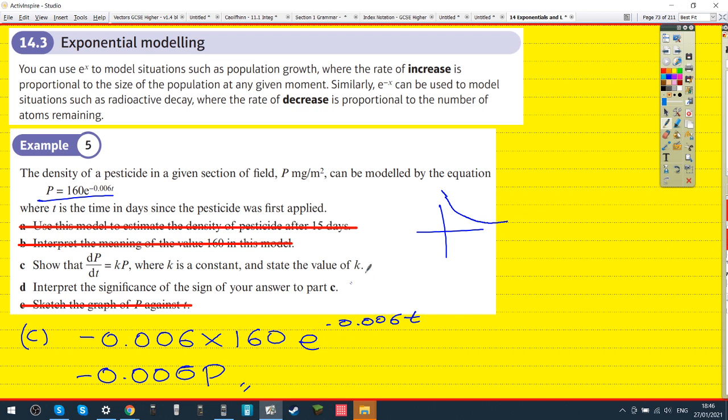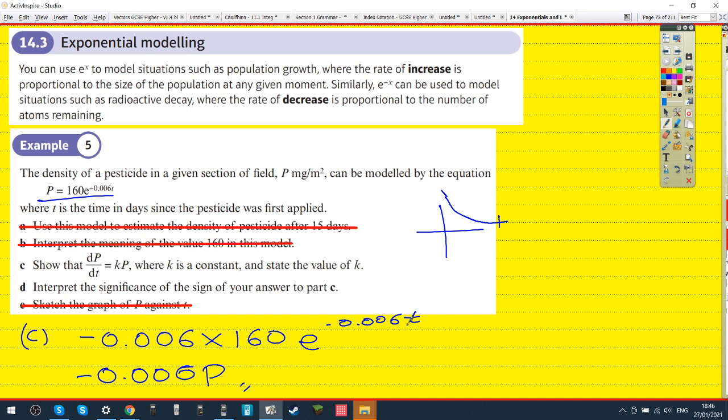This will tell you the rate at which it's falling. So early on the rate will be very negative, later on the rate will be less negative. The way you would do that is whatever its current P is, you multiply it by minus 0.006, and that would be much quicker. Okay.